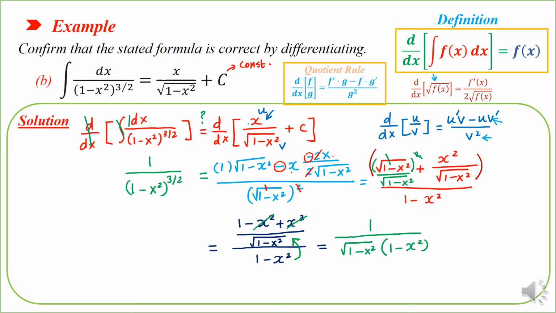As you know, the square root we can write as power half, so this equals 1 over 1 minus x squared power 1 over 2 times 1 minus x squared power 1. When we multiply, you have to add the powers, so this equals 1 over 1 minus x squared power 3 over 2.